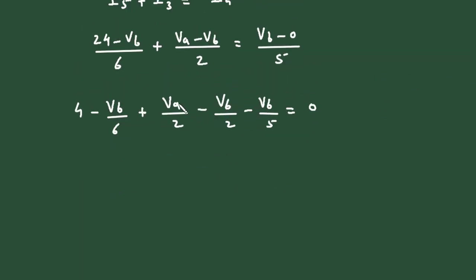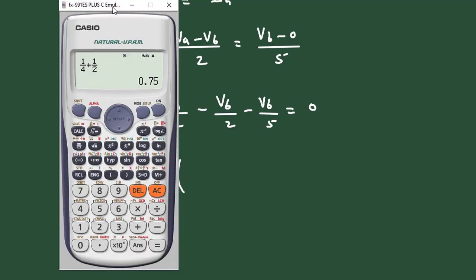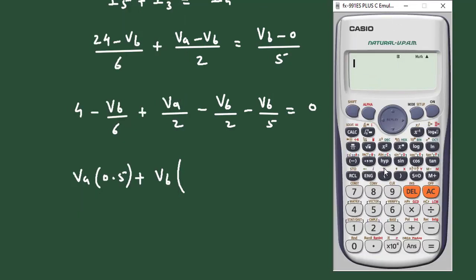Now if we take this VA common, it will be VA in bracket 0.5, then plus, if we take VB common, this will be minus 1 by 6 minus 1 by 2 minus 1 by 5.